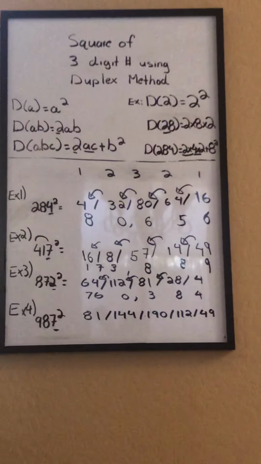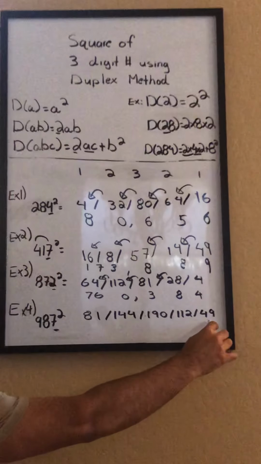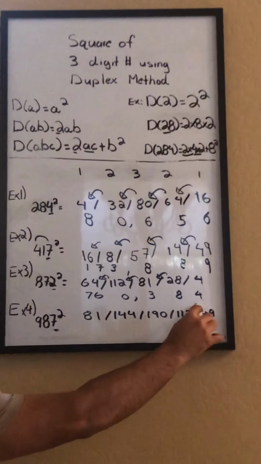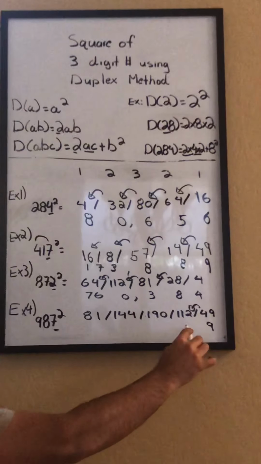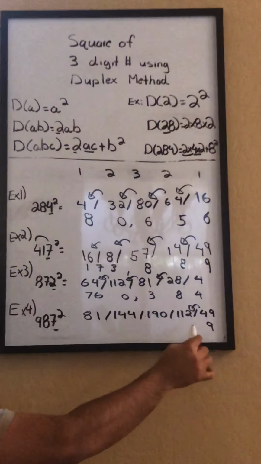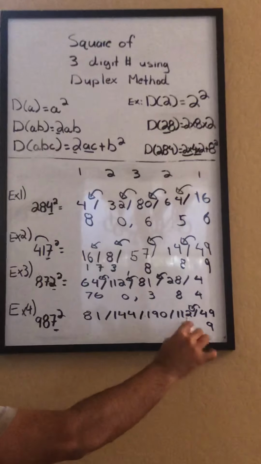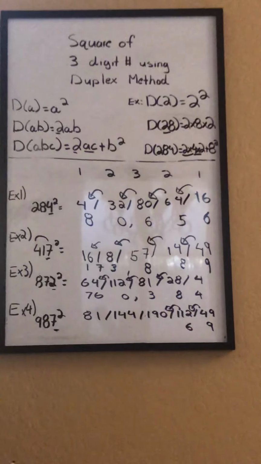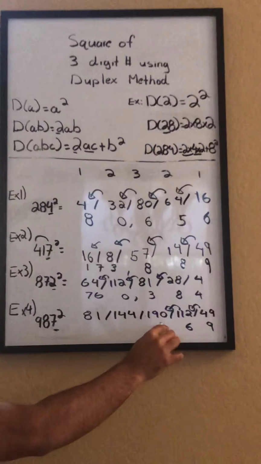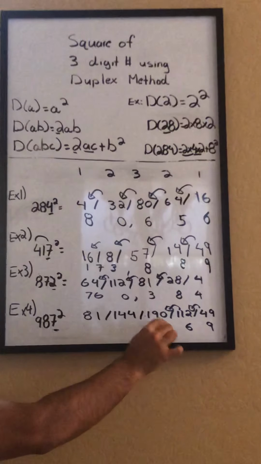So I'm going to keep the units digit, carry the tens digit. Write down 9, carry the 4. What's 112 plus 4? That's 116. So I'm going to write down 6, carry the 11. What's 190 plus 11? That's 201. So I'm going to write down 1, carry the 20.